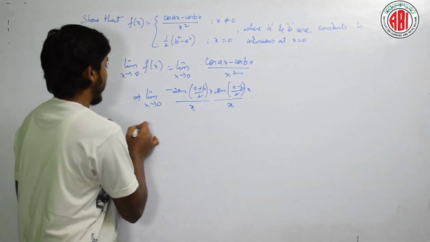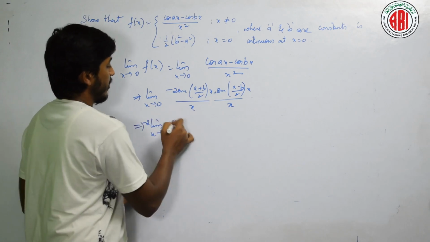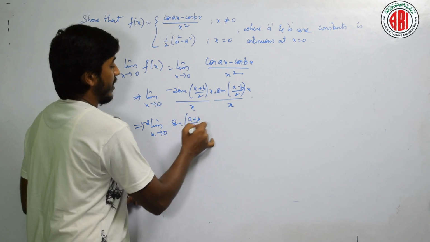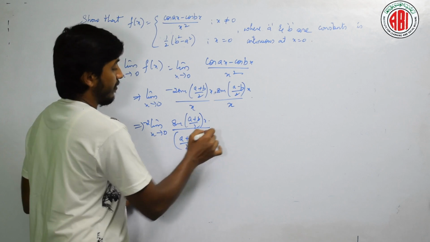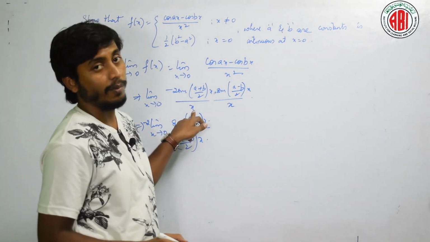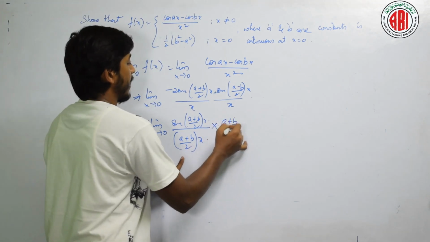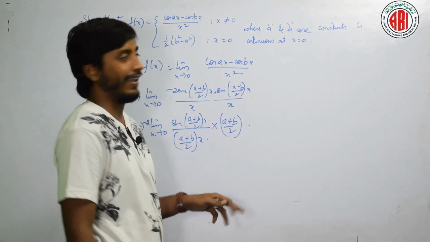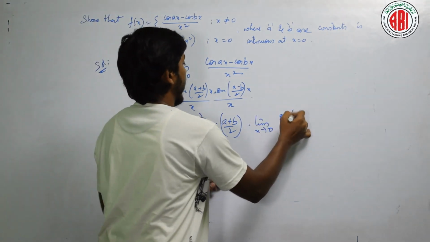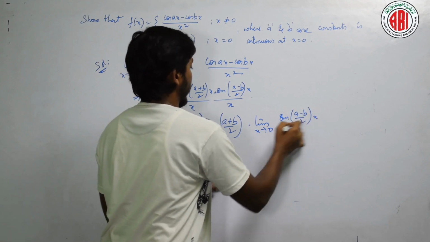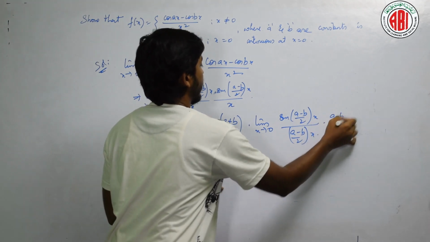The next step: limit x tends to 0, minus 2 outside, sin of a plus b by 2 into x divided by a plus b by 2 into x. Why? Because there is only x in the denominator, I have to multiply and divide with a plus b by 2. And the next thing is limit x tends to 0, sin of a minus b by 2 into x divided by a minus b by 2 into x, into a minus b by 2.